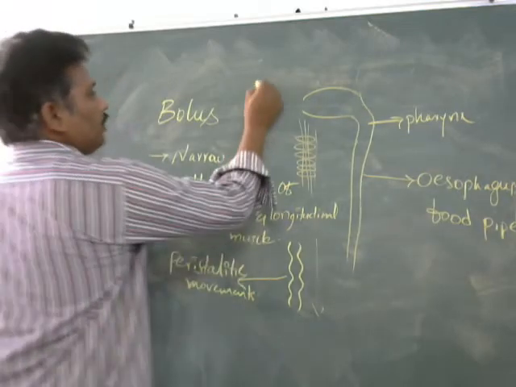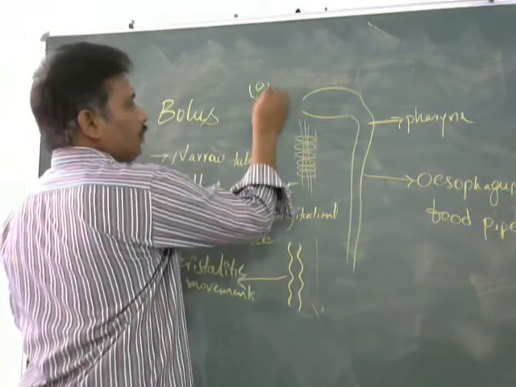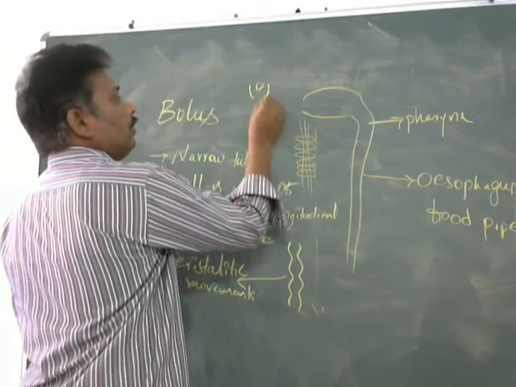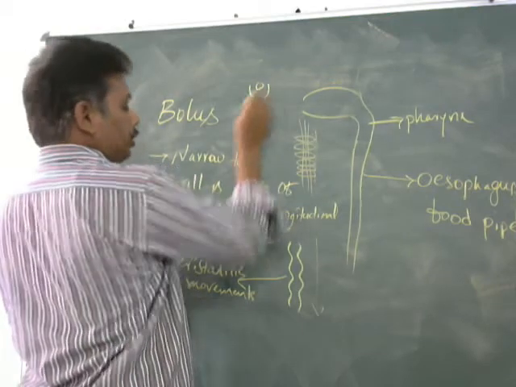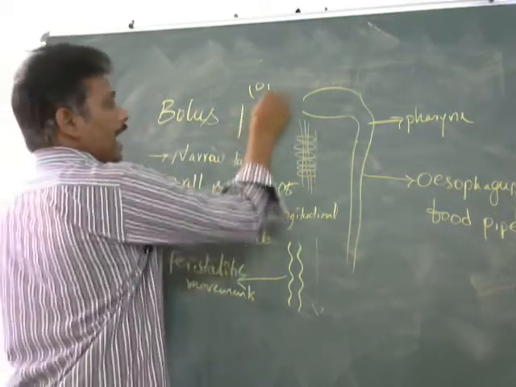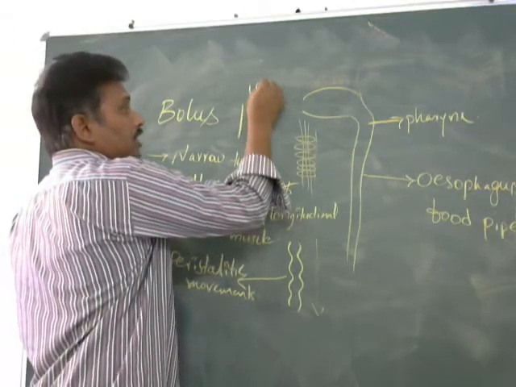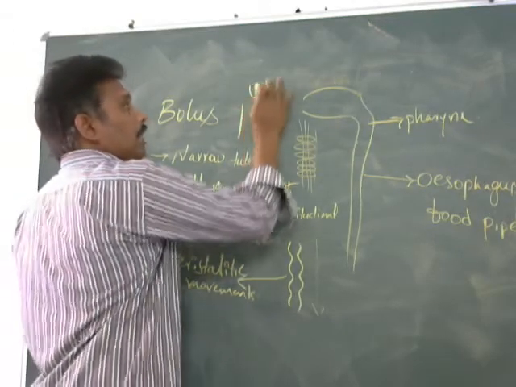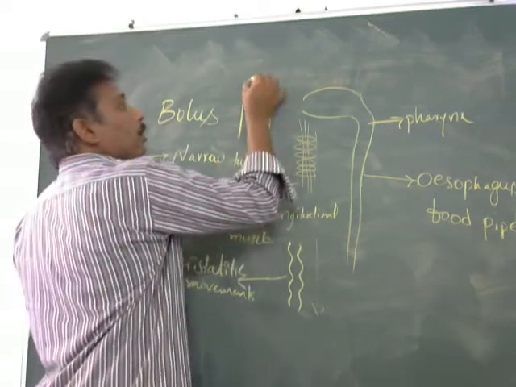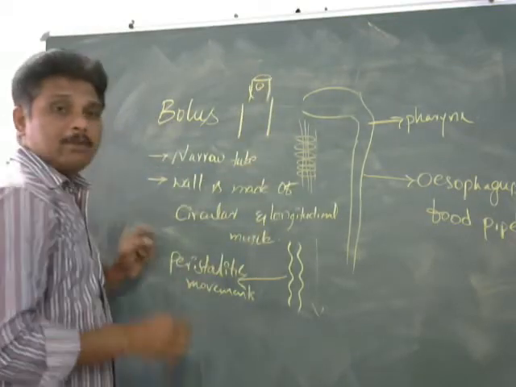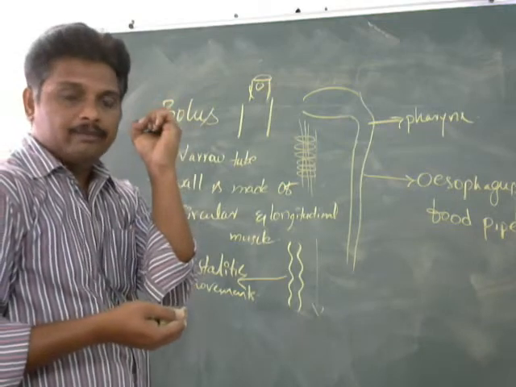Suppose this is the food bolus, and this is the esophagus wall. Just below the food bolus, the longitudinal muscles contract, the diameter increases and the tube widens. Above the food bolus, the circular muscles contract, and contraction of circular muscles decreases the diameter.